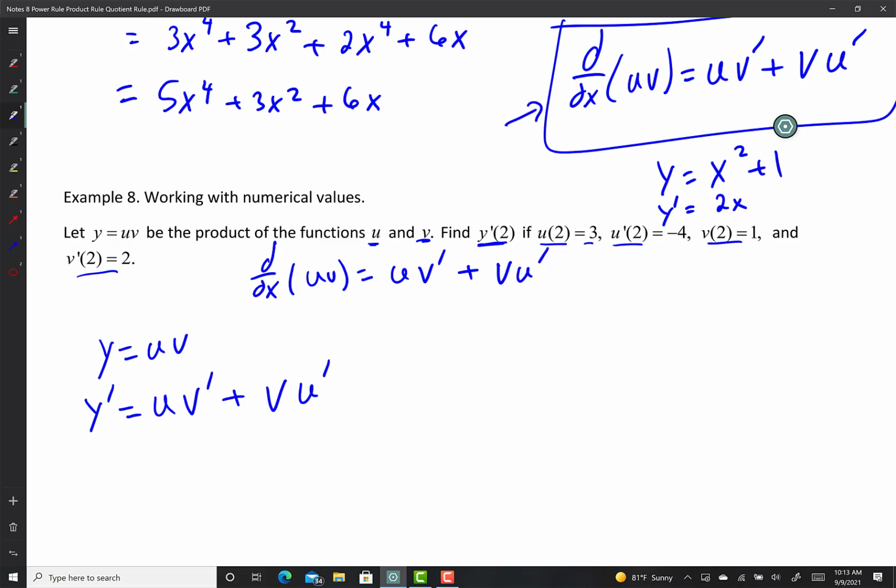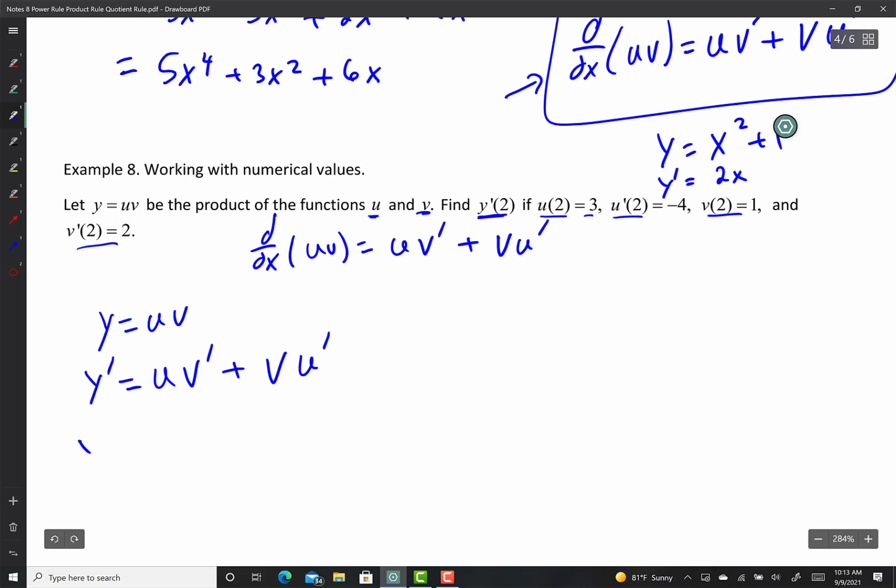Are we okay? All right, here we go. y prime at what value? At 2. So hopefully no one gets confused. That's not y prime times 2. It means y prime evaluated at 2. y prime evaluated at 2 is equal to u at 2. So what's u at 2? 3 times v prime at 2.